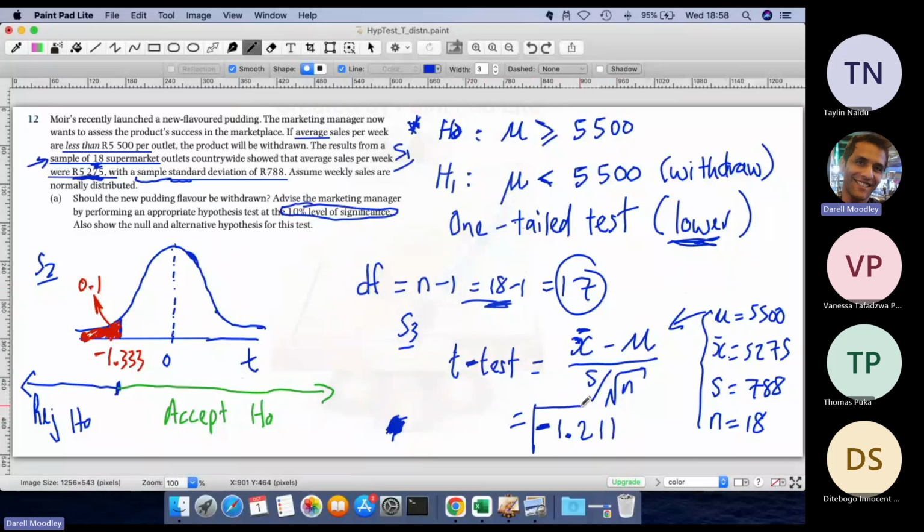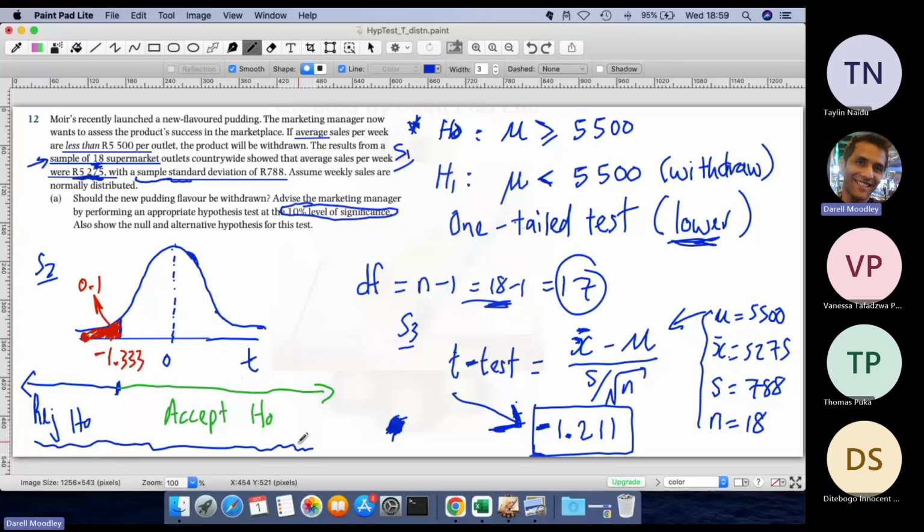Now, I'm going to leave this to you to answer based on what we've got. We've done step 3. Based on what you found in step 3, where does it lie in this graph? Does it lie in the rejection region or the acceptance region? Can you put that in the chat? All you're going to do is compare it to minus 1.333.